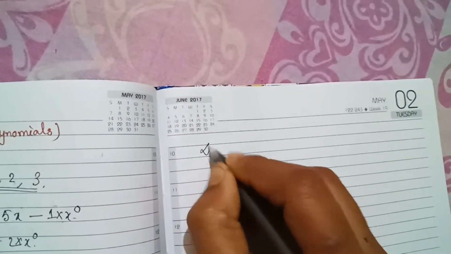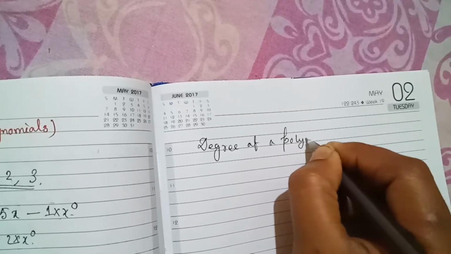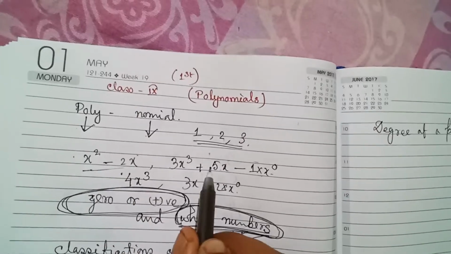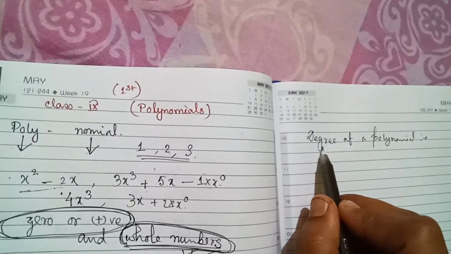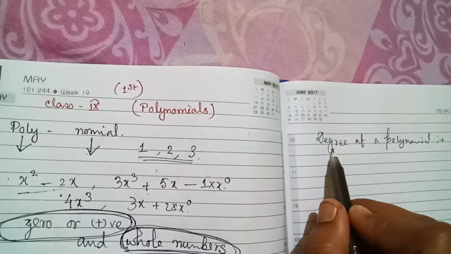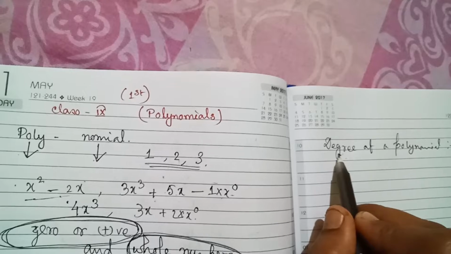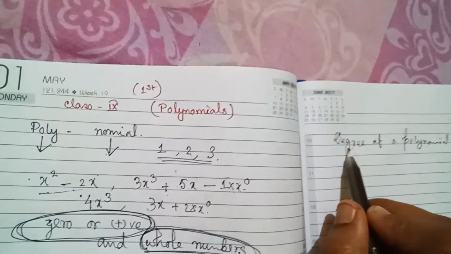Then coming to the next part, that is the degree of a polynomial. Look at this. Degree is the highest power of the variable in that polynomial.